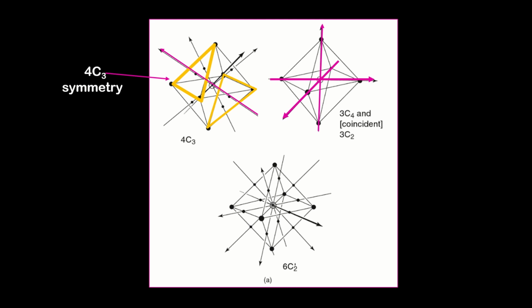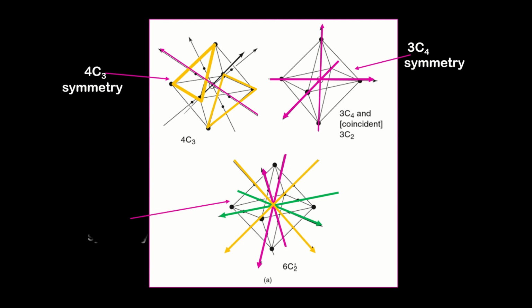Next, 6C2 are present in the SF6 molecule. The first C2 and second C2 pass through, and this is the third C2 and this is the fourth C2, fifth and sixth C2. Total 6C2 are present in the octahedral molecule.